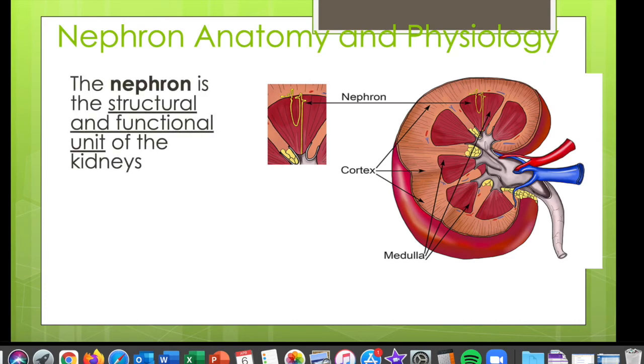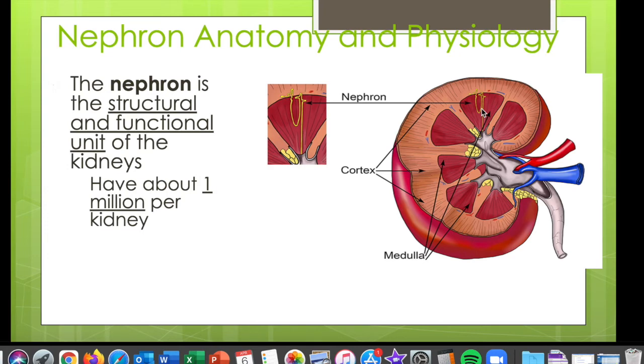So the structural and functional unit of our kidneys is called a nephron. We have millions of nephrons. You have about 1 million per kidney. You have 2 kidneys, so about 2 million nephrons total. These are located in the medulla of the kidney. You can see here how it would be structured, but they are very, very tiny.